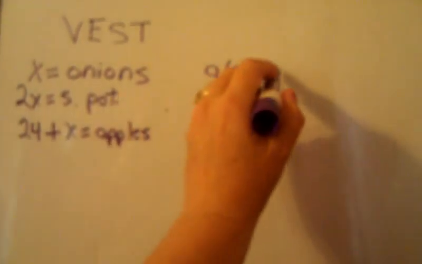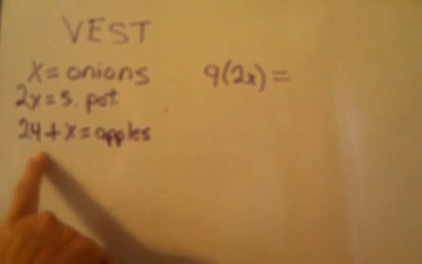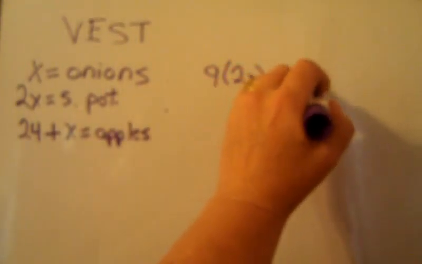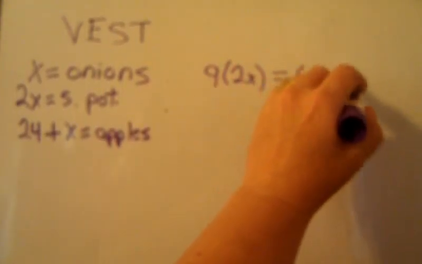How am I going to show the same as? The same as is equals. 6 pounds of apples. Well, if this is a pound, I have to multiply it times 6, right? So 6 times the quantity 24 plus x. Parentheses were important on this problem.